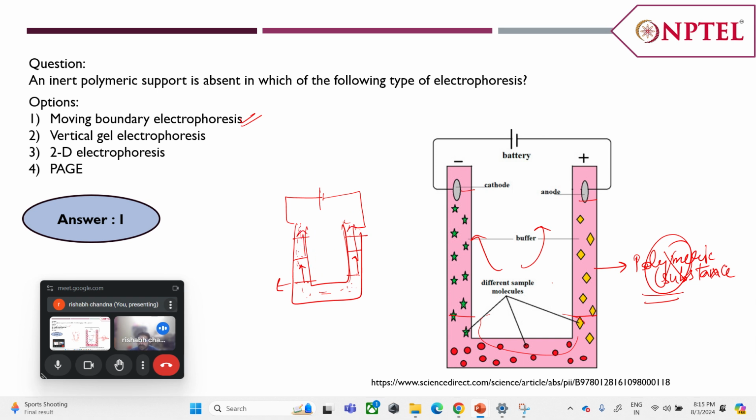If anybody has any doubt, can ask. Okay, if not, then we'll move on to the next question.